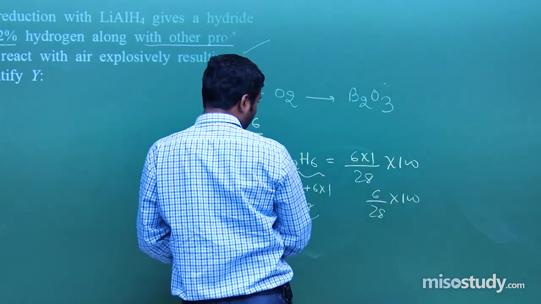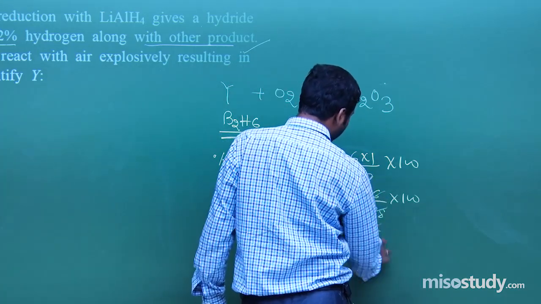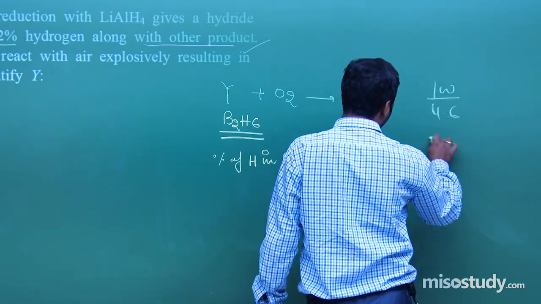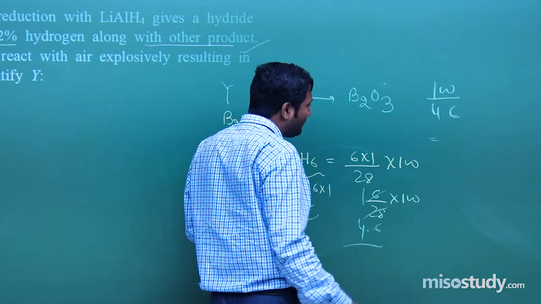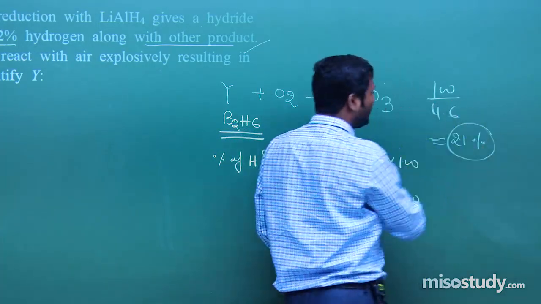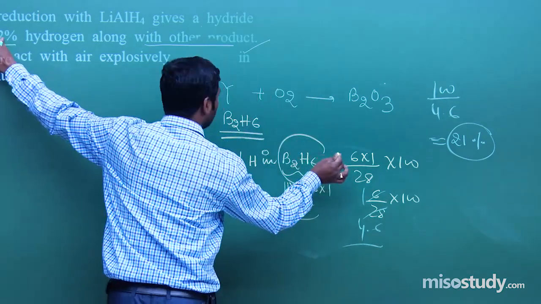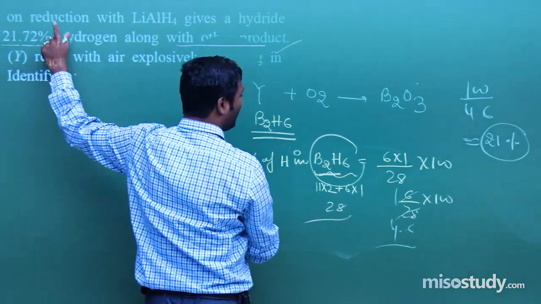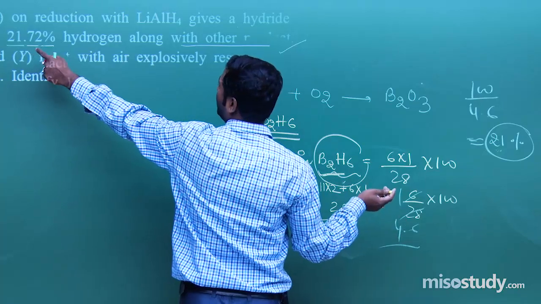Clear to you? Then 100 upon 4.6. If I assume it as 5, near about it will give you 21%. Estimation 21%. Then definitely B2H6, according to the question, the Y is B2H6 because in B2H6 there is around 21% hydrogen.